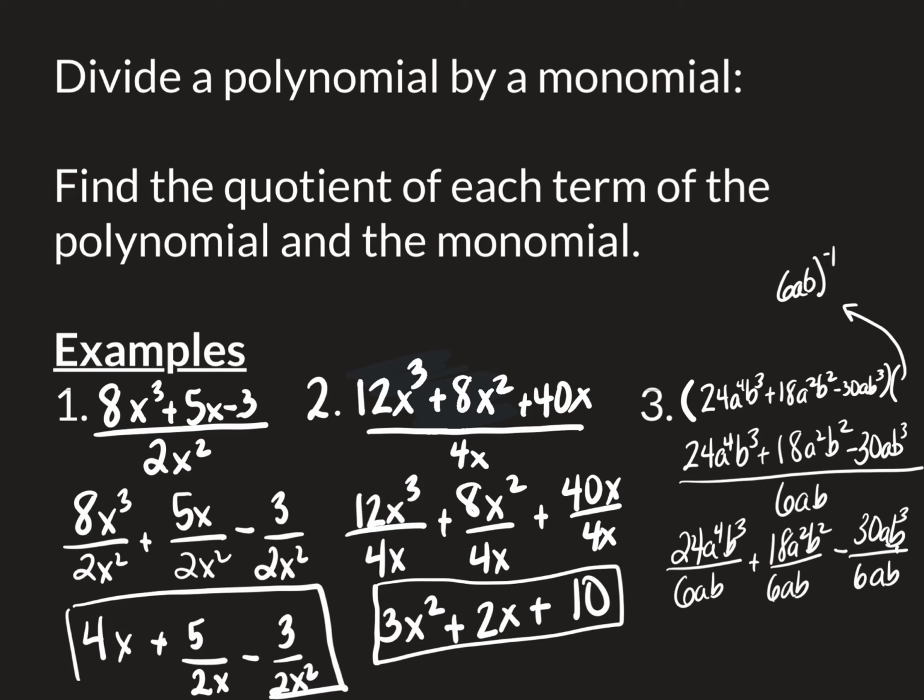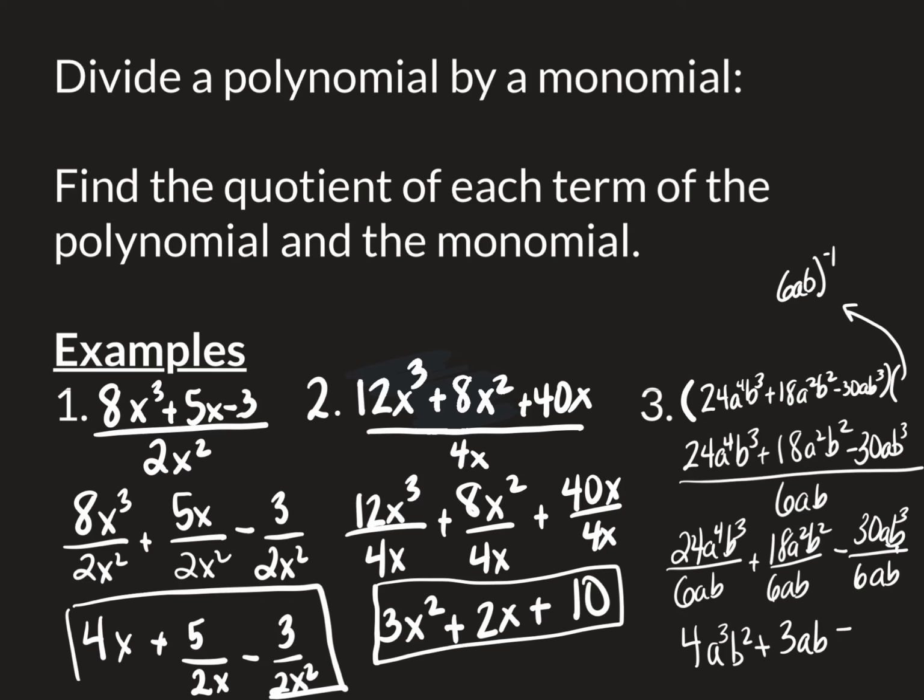24 divided by 6 is 4. A to the fourth divided by a is a to the third. B to the third divided by b is b to the second. Remember, just quickly, 4 minus 1 is 3. 3 minus 1 is 2, subtracting exponents. 18 divided by 6 is positive 3. A squared divided by a is a to the first power. B squared divided by b is b to the first power.